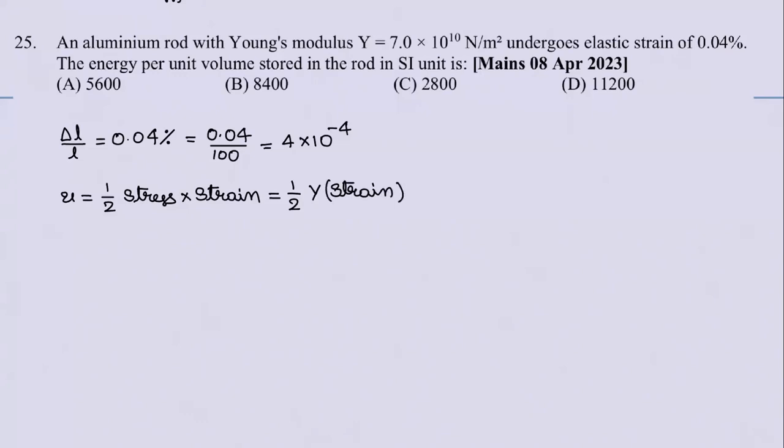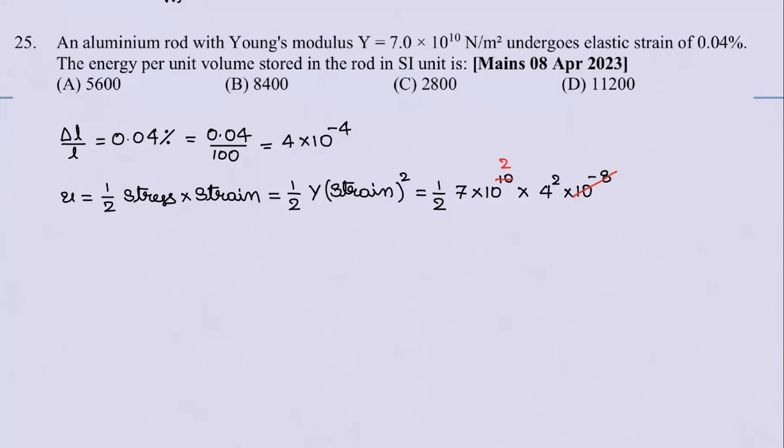Strain square. So now after this simple substitution, half Young's modulus is given 7 into 10 power 10 into strain square. Strain is 4 into 10 power minus 4. So it will be 4 square into 10 power minus 8. So I can say 10 power minus 8, this is 2.